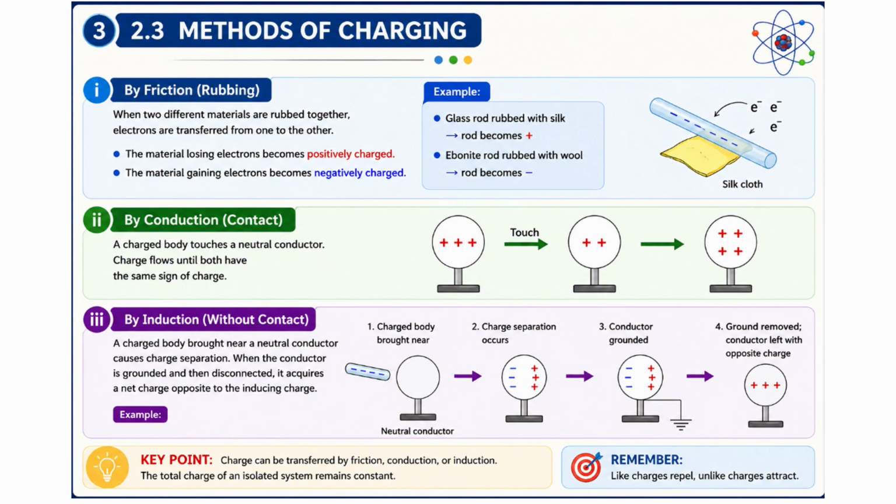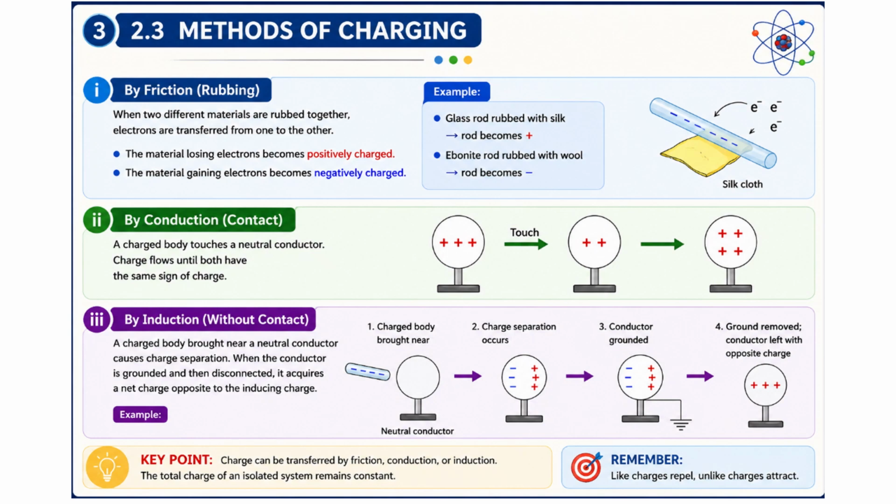So this is the case in conduction. The key important idea here is that the neutral object always acquires the same sign of charge as the inducing charged body. Take note of this.